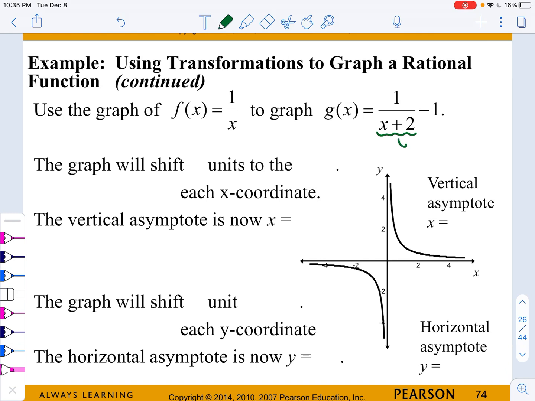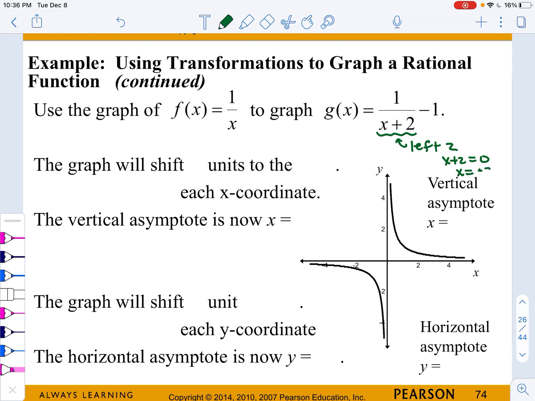Now, if I have a +2, remember we had to stick it in our head and think about it, that's going to do opposite of what we think. So if we have a +2, what direction do you think it's going to move? It's going to move to the left 2 spaces. And how else could you remember that? Take that x plus 2, set it equal to 0.